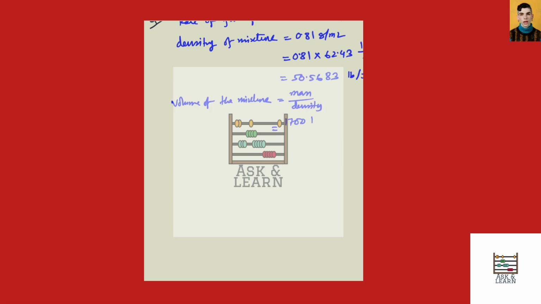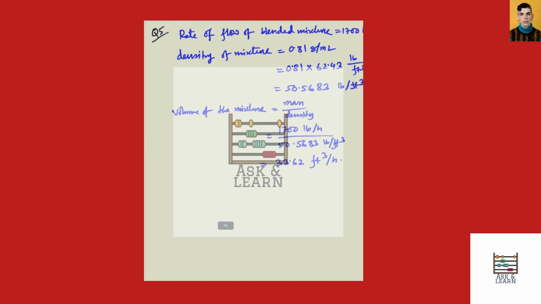The mass is here 1700 pound per hour, and the density is 50.5683 pound per feet cube. Therefore, the volume of the fluid mixture is 33.62 feet cube per hour.